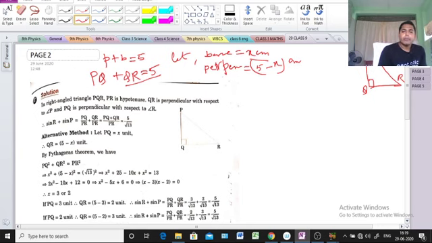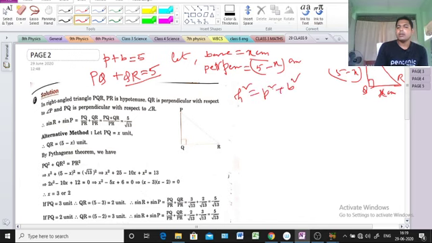Now by the Pythagoras theorem, we are getting this is x centimeter and this is 5 minus x centimeter. So by the Pythagoras theorem, we find out the value of x. We know that hypotenuse square equals perpendicular square plus base square. Clear or not?